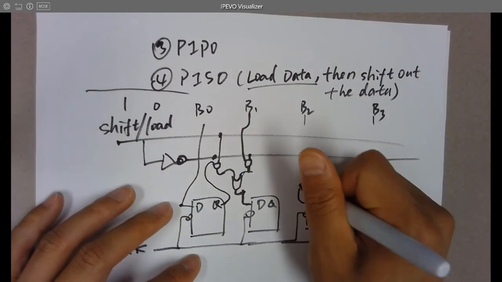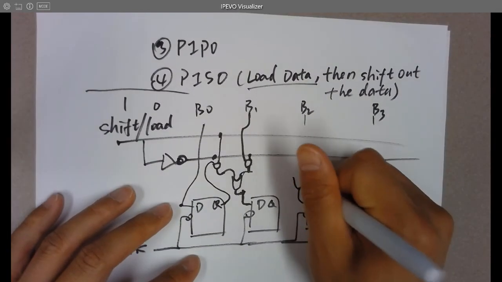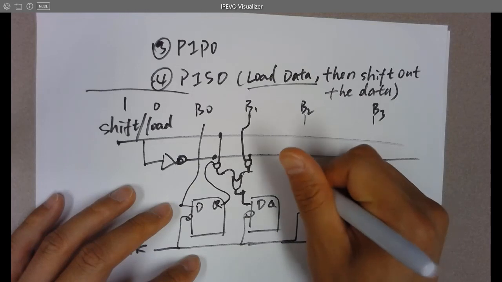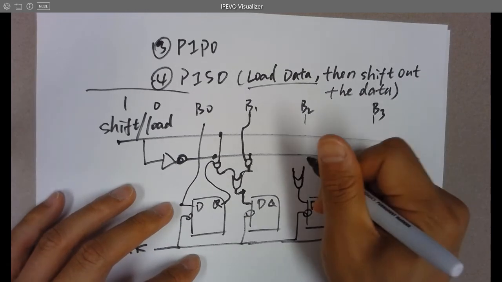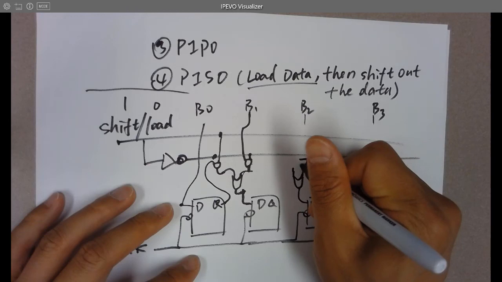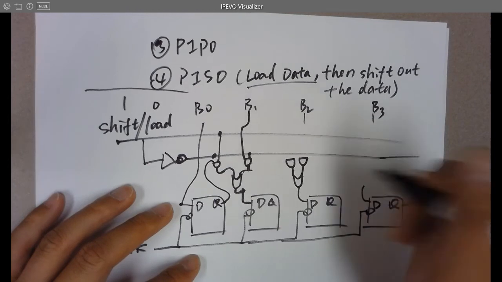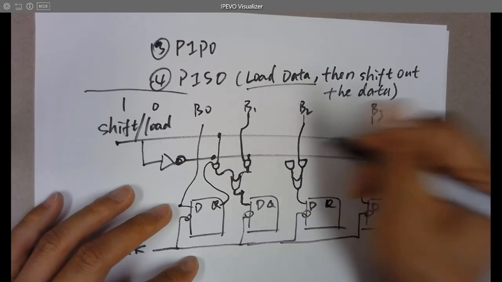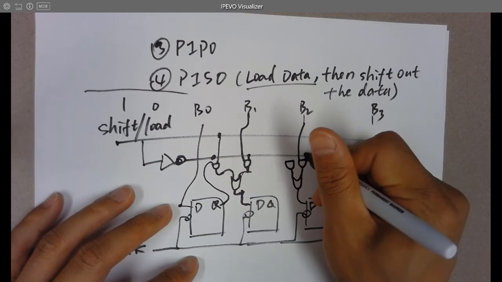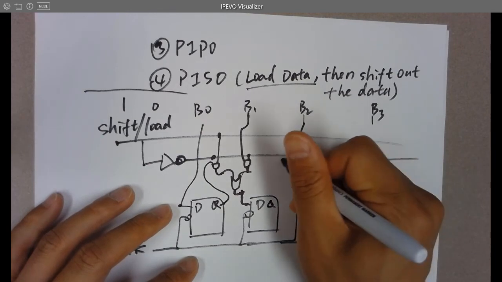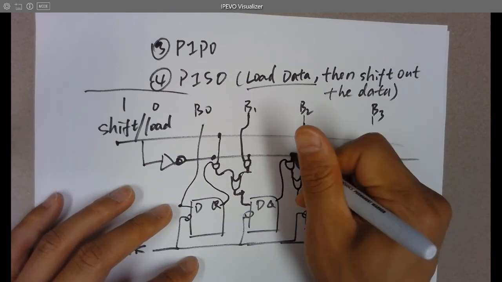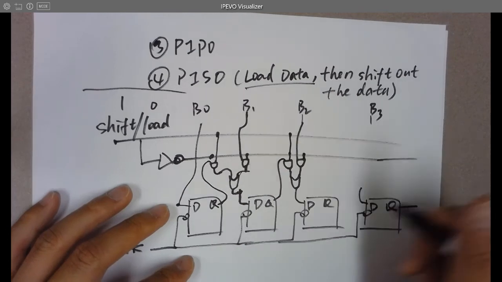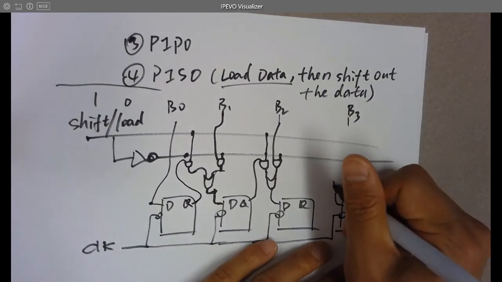It's the same thing. You need the OR gate first, and then you need the AND gate. The data line is from here, and you want to use 0 to load it, and the data line from here, you want to use 1 to shift it.